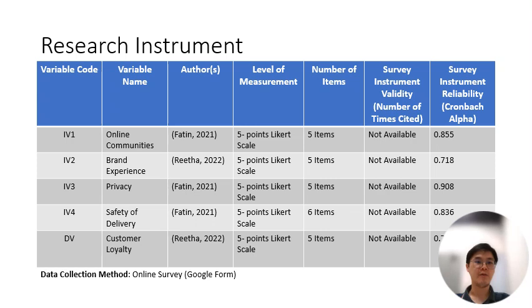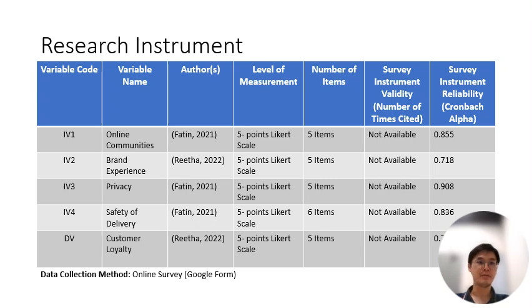The research instrument that I will be deploying is an online survey using a Google form. As I mentioned, all the IVs and the DV are adopted from the published thesis done by Fatin or Rita. They use a 5-point Likert scale.